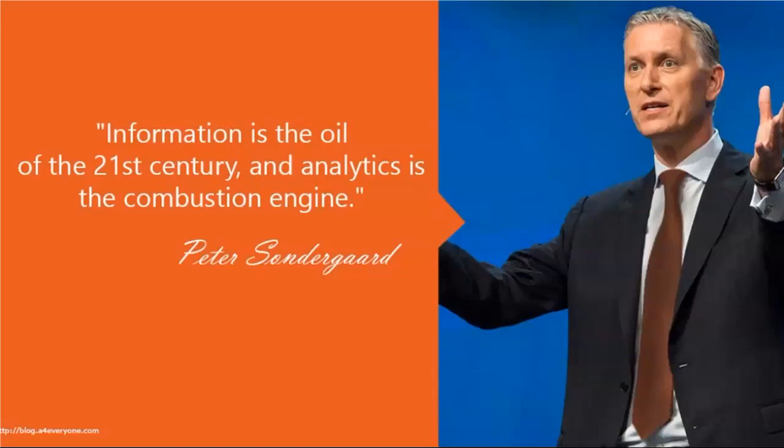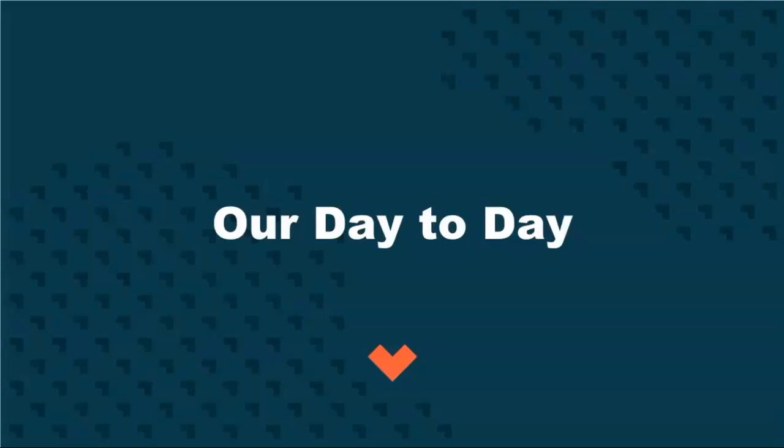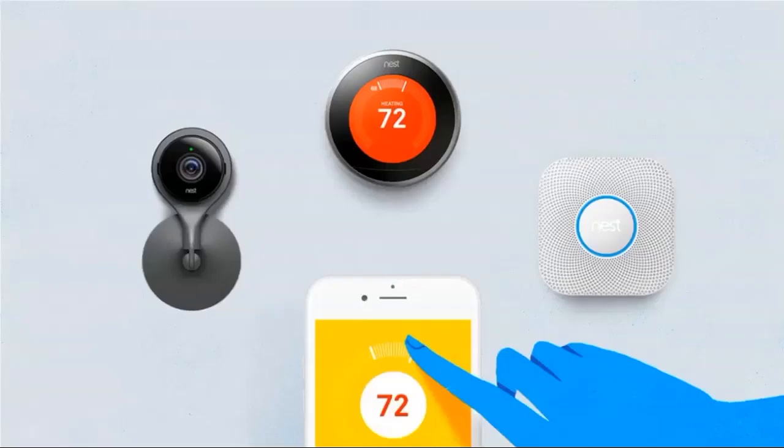So we'll talk a little bit about how we see data in our day-to-day. First, you might recognize some of these devices. These smart home devices help to control where we live. We can make our homes more comfortable. We can get alerts and notifications to set our devices and our home the way we like them ahead of time, before we come home and when we leave, to save energy.